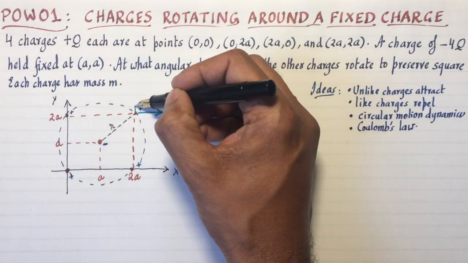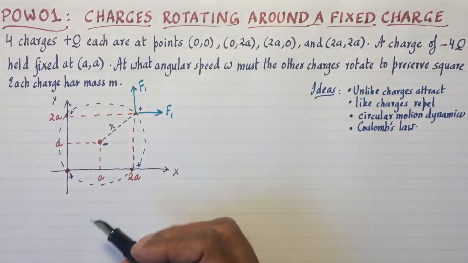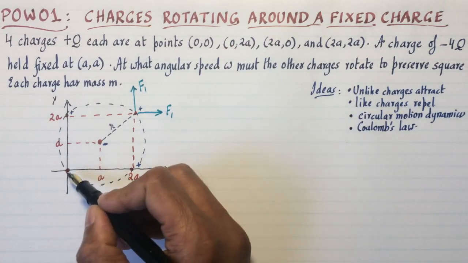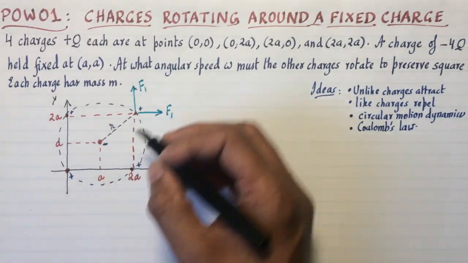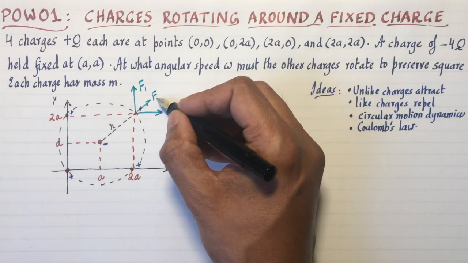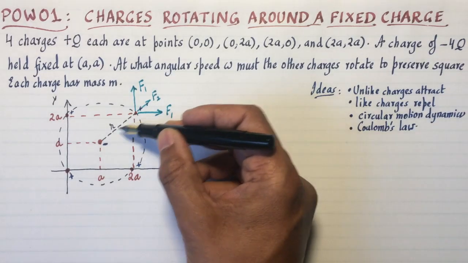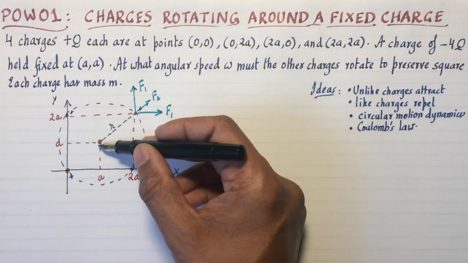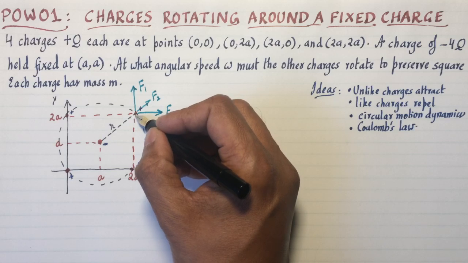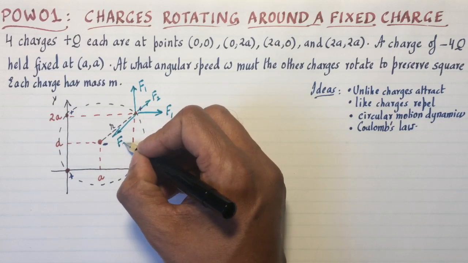The same force F1 is going to operate this way. Now these are going to repel, but over a much bigger distance. So I'll call this force F2 because it's different than F1. And then there's going to be an attraction between this and this. Let me call that force F3.